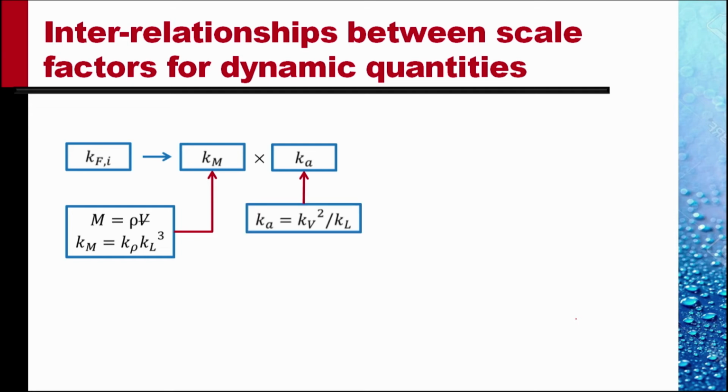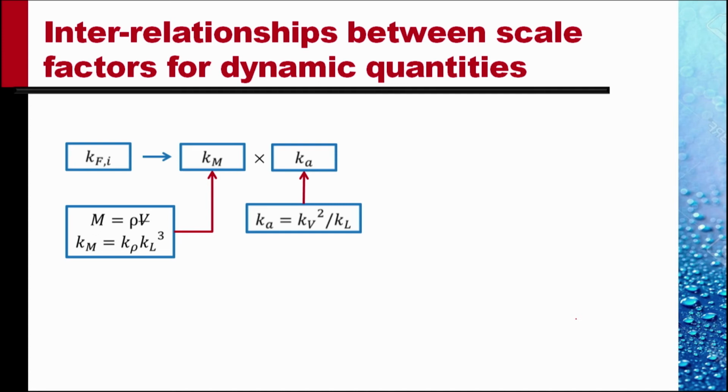Similarly, the acceleration is kv square by KL. How? Recall from Euler acceleration formula, the convective acceleration was v dv by ds. v is scaled by kv, dv by ds is scaled by kv divided by kl.